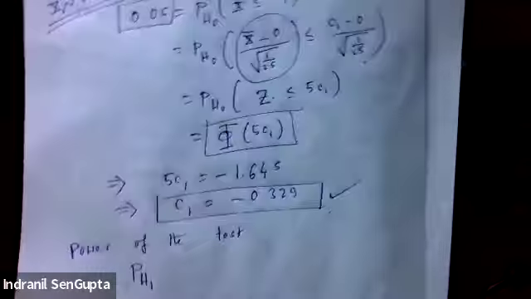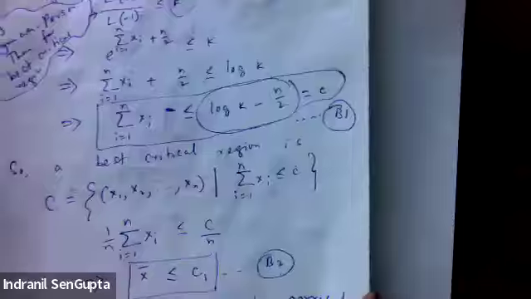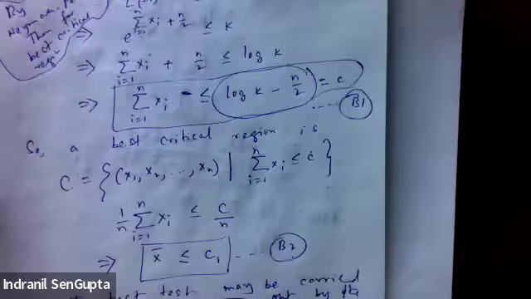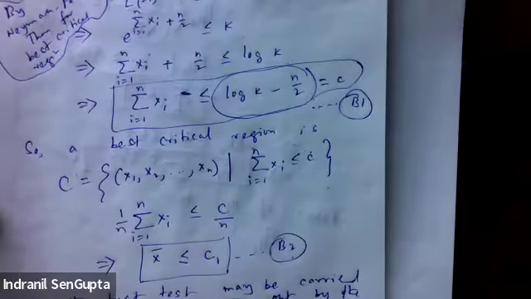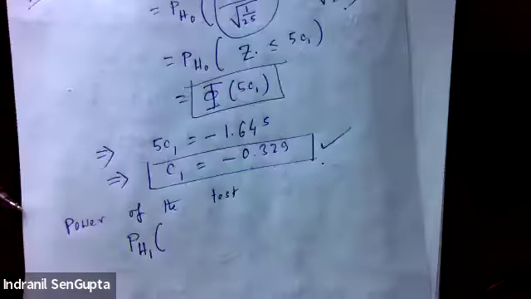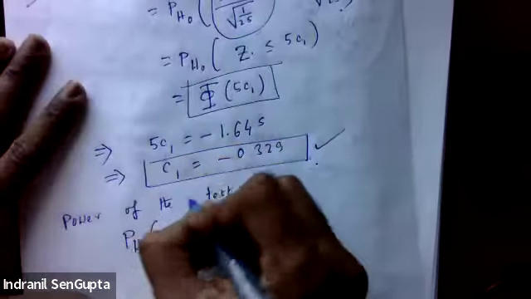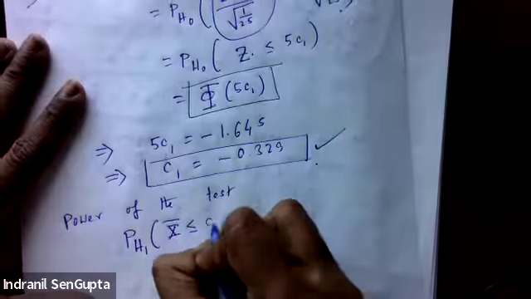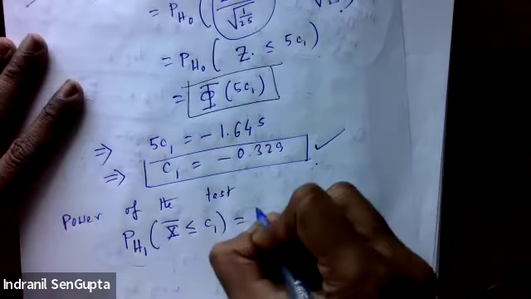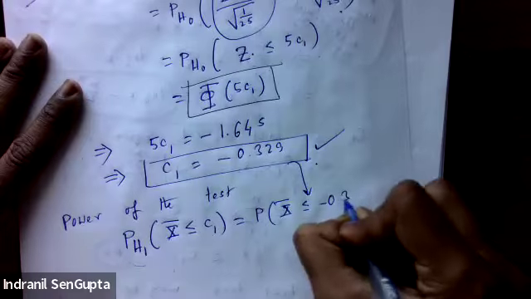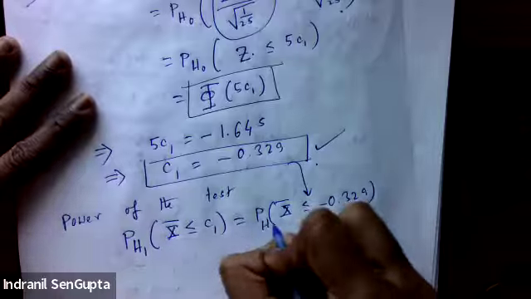So that is the probability that X bar is less than C1, which we found to be minus 0.329, under the alternative hypothesis.